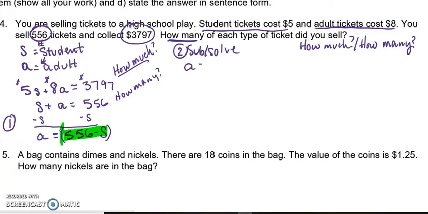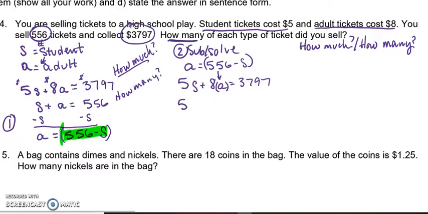I've got A equals 556 minus S, and we know that the other equation is 5S plus 8A equals 3797.